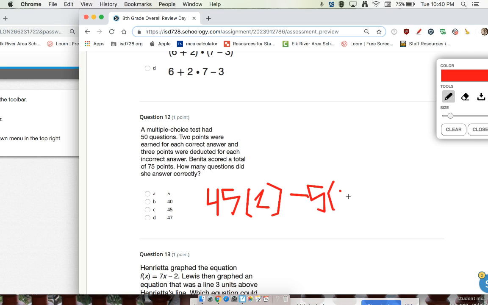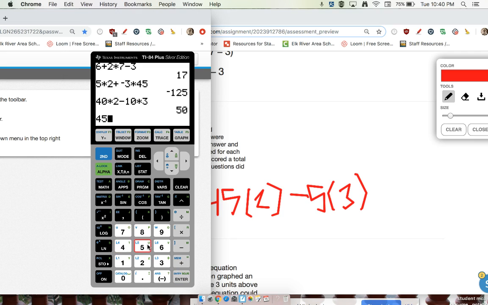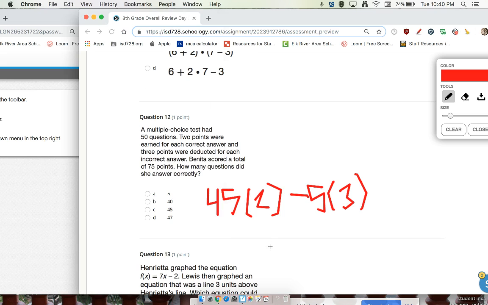Minus 5 times 3. Okay, and then I'll just go ahead and type that in. 45 times 2, take away 5 times 3, and that is 75 points, which is exactly what I wanted.